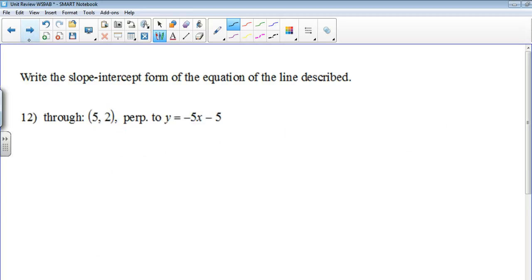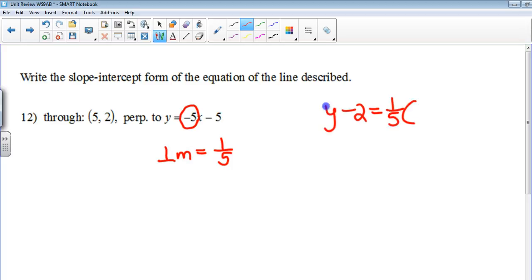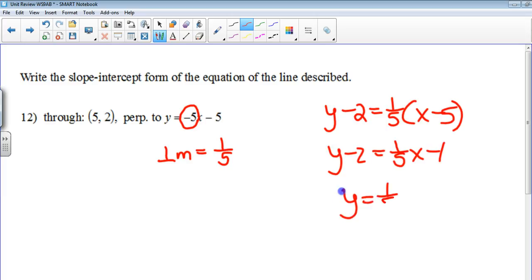All right, can you try this one? This one is perpendicular, so we need to flip it over and change the sign. How did I do, guys?